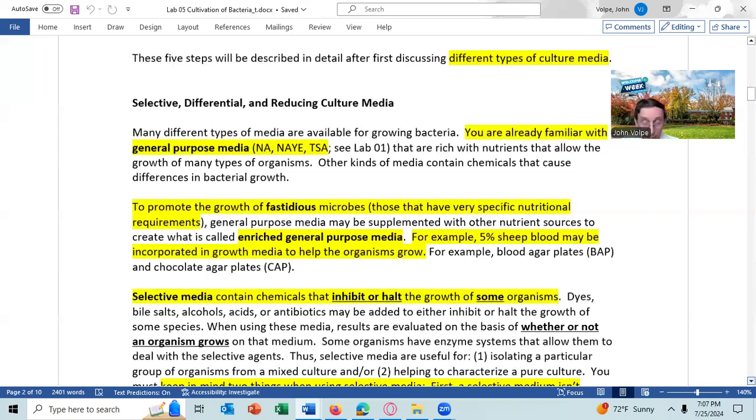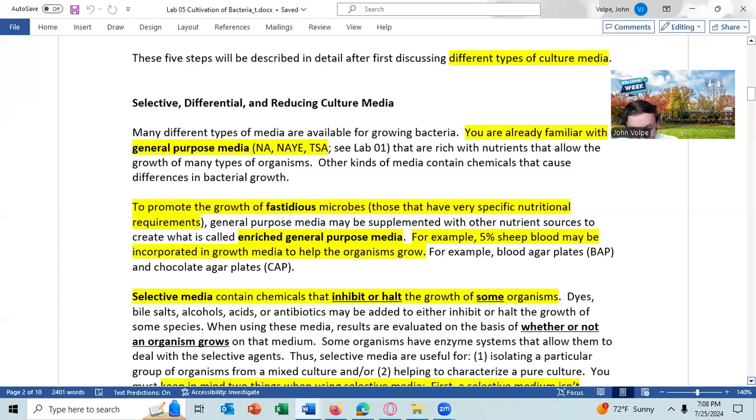You should be familiar with general purpose media, and that is NA for nutrient agar, NA or NAYE for nutrient agar with yeast extracts added, and then TSA or tryptic soy agar. All of these are general purpose media that have no selective capability, and we just employ them to grow microbes cheaply and easily.